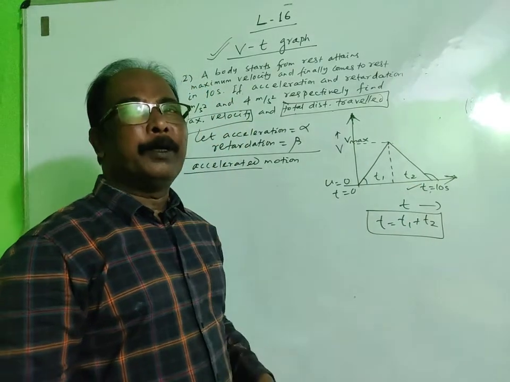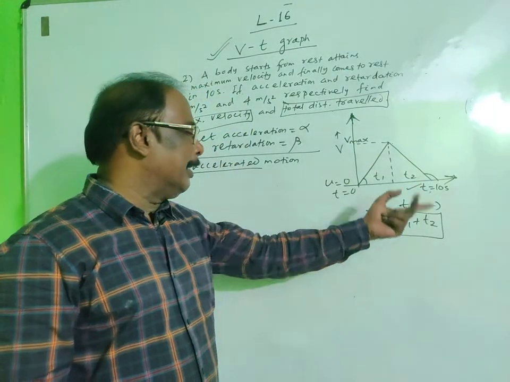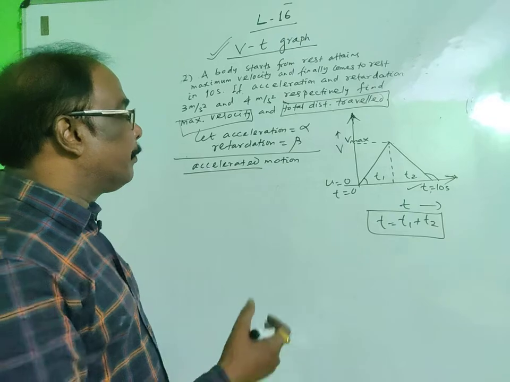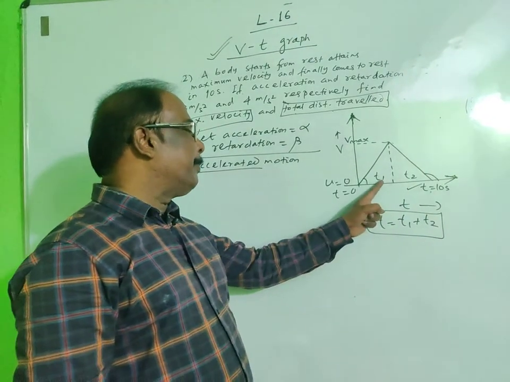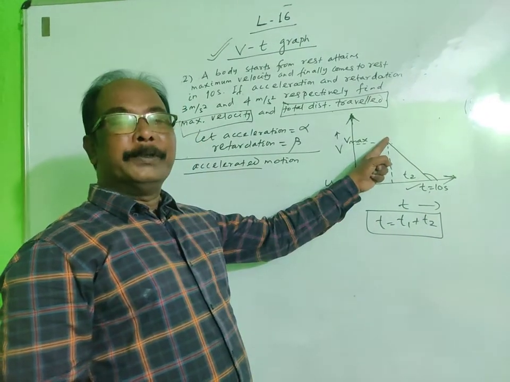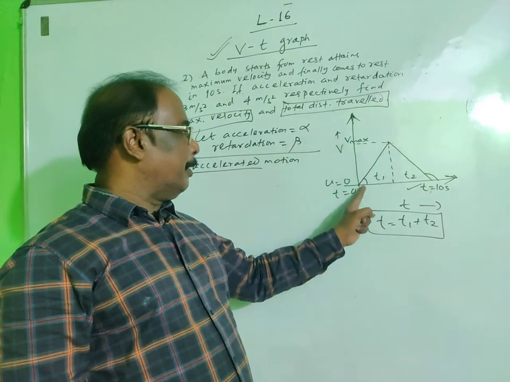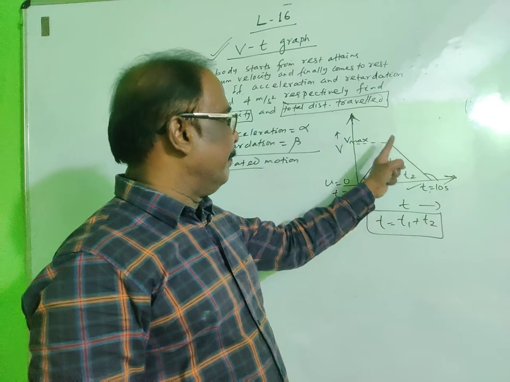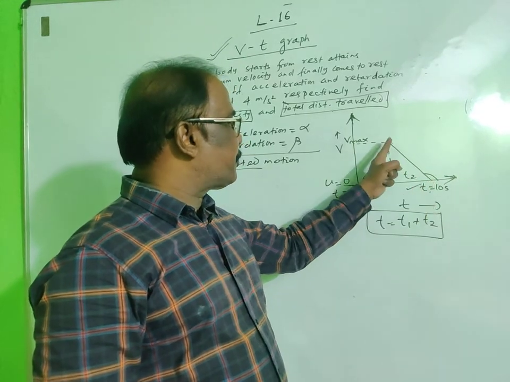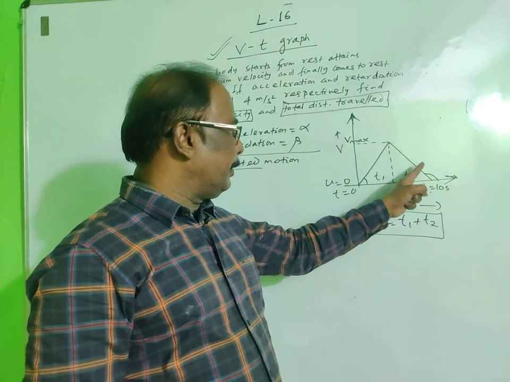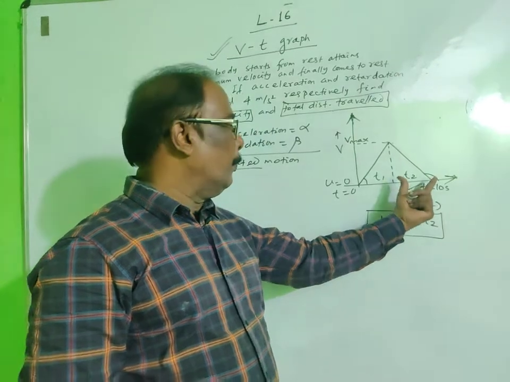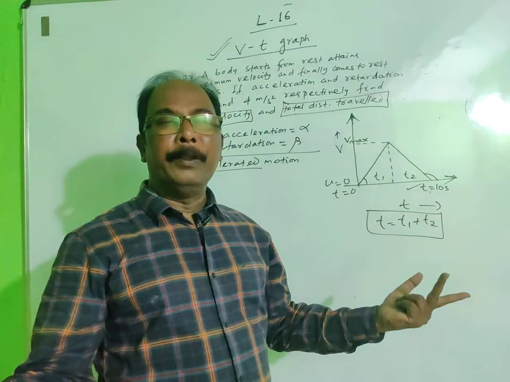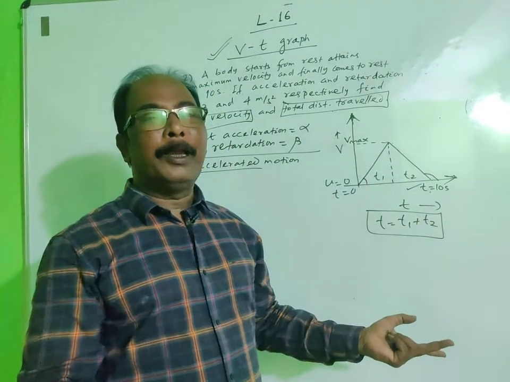The total time taken by the body is given as 10 seconds. t1 is the time taken by the body moving with acceleration to attain maximum velocity, and t2 is the time taken by the body to come to rest, from maximum velocity to final velocity 0.